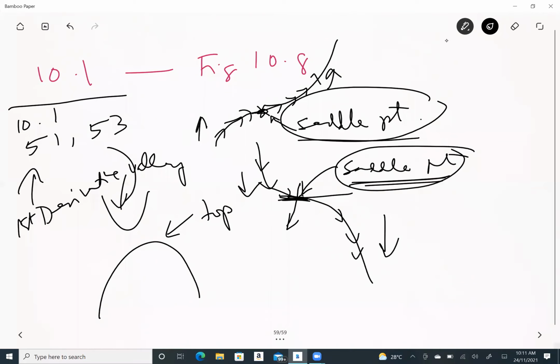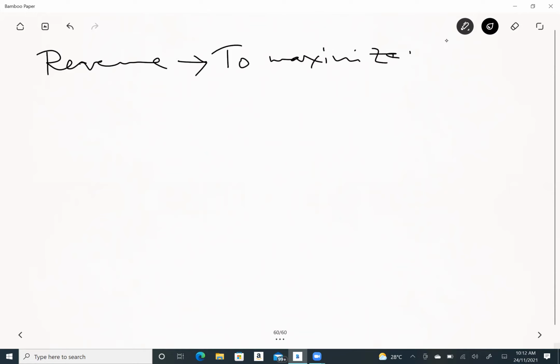Okay, first one, we just look at the book. First one is revenue. Now, if you look at revenue, the application is, what do you want to do for revenue? What is the problem? Our problem is I want to maximize revenue.